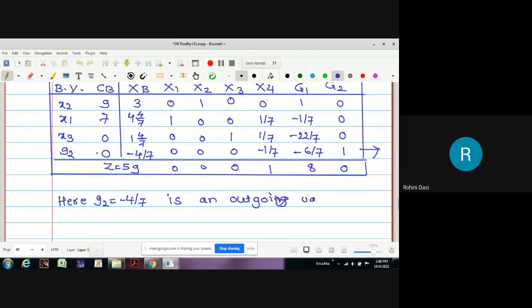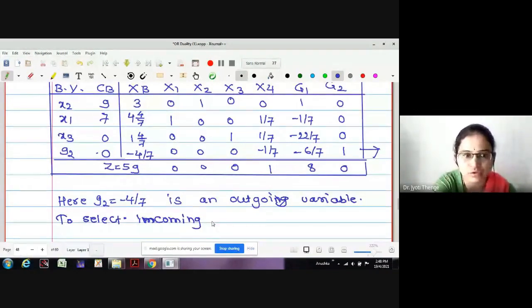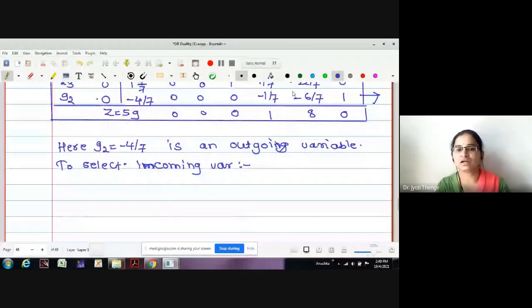Yes, ma'am. Now what is the next point? To select the incoming variable. The fourth row is being selected. Look at the entries. There are only two negative entries. Therefore, take delta upon the corresponding negative entries.